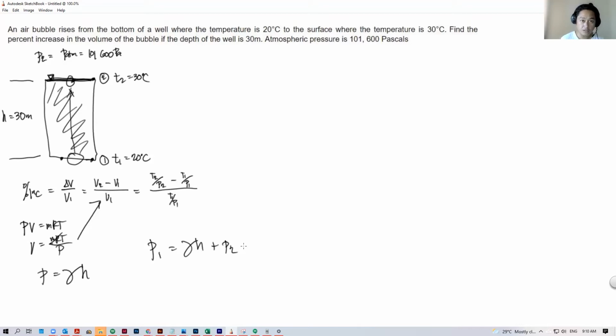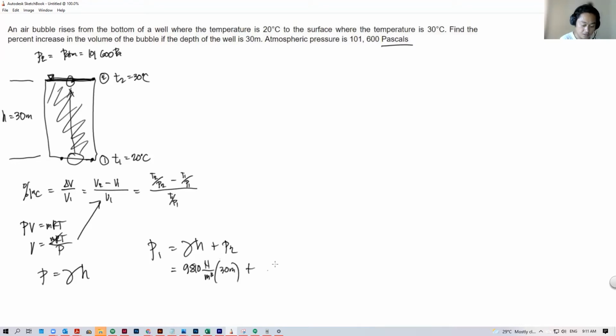At this point, we're going to assume that the fluid in the well is just water. That's mostly the case. So for the specific weight of water, I'm going to use pascals, because we need to have P2 in terms of pascals. So I want to use 9,810 newtons per cubic meter, multiplied by the height, which is 30 meters.